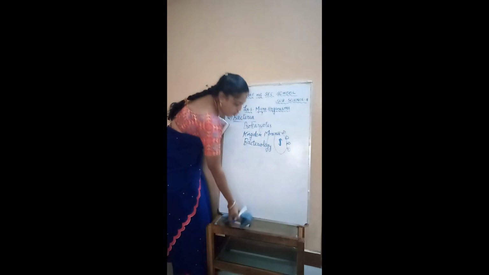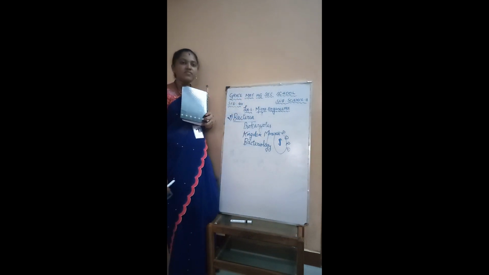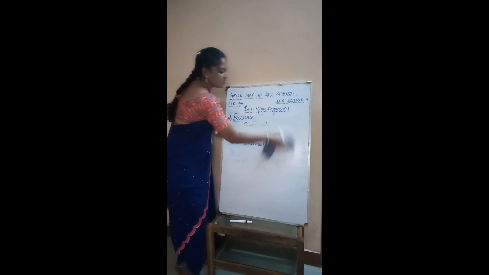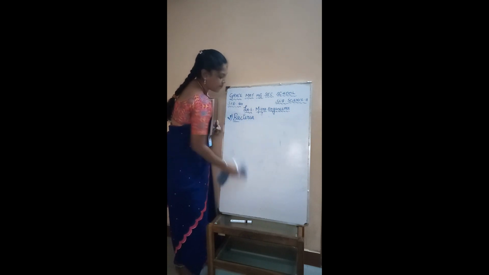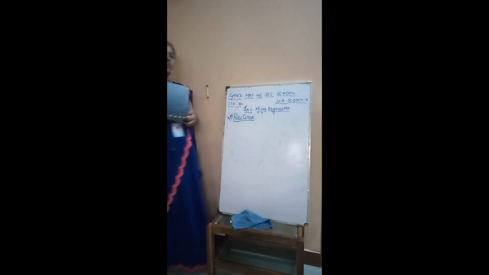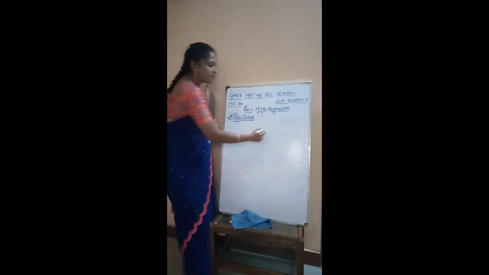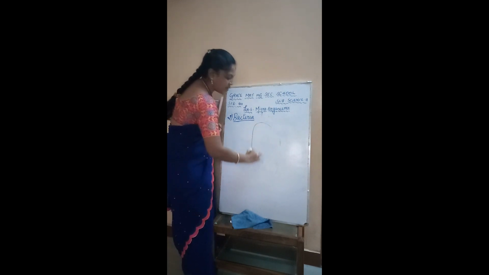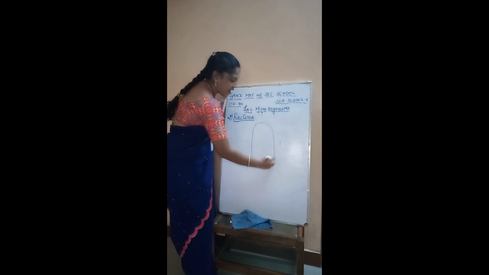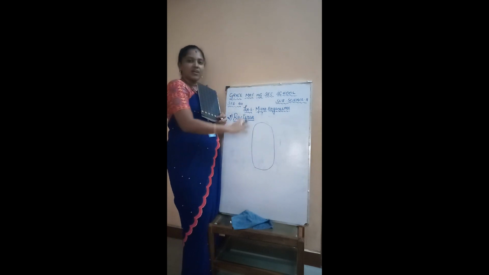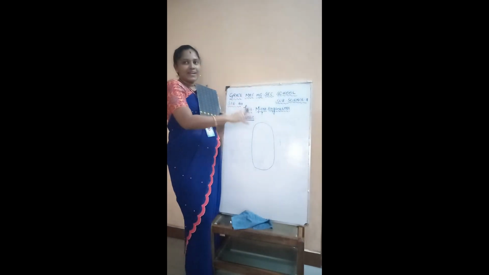Now we'll move on to the cell structure of bacteria. What is the cell structure of the bacteria? First, it can be of different shapes. We'll discuss it later on, okay? First, I'll tell you the main structure of a bacteria.